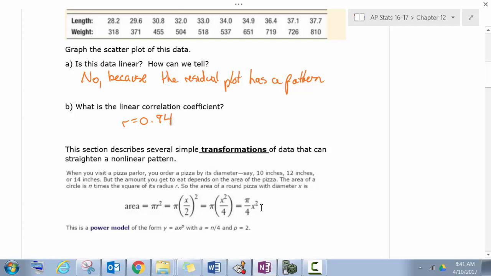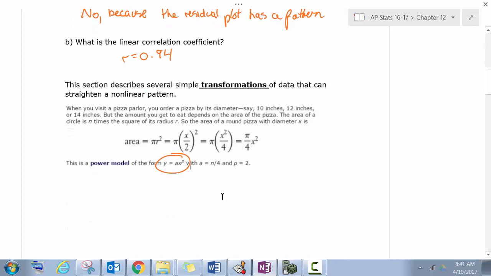So it's a squared relationship or a quadratic relationship. Now the power model is y equals a x to some p, some exponent. In this case it's 2, and a, our constant, was pi over 4.